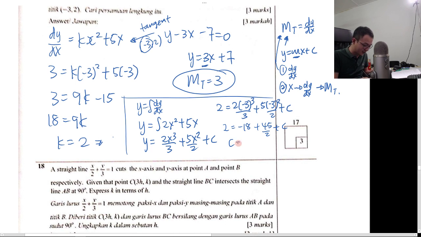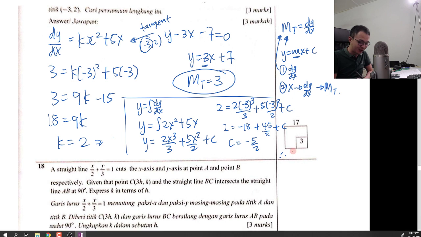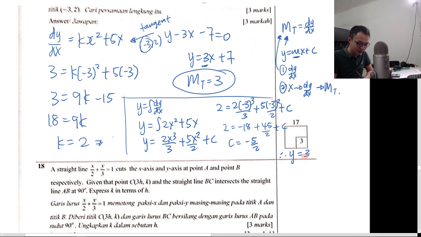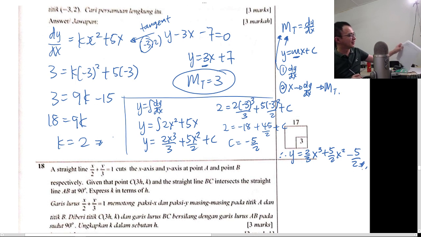Yeah, c is equals to -5 over 2. Then you just rewrite the equation by substituting the c into it. So your final equation should be y equals to 2 over 3 x cubed plus 5 over 2 x squared minus 5 over 2. Yeah, this is the equation of the curve, and I hope it's correct because it's so long, I don't want to make any mistake here. Yeah, which is correct.